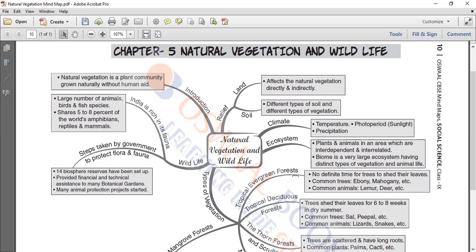And we also share 5 to 8% of the world's amphibians, reptiles, and mammals. So we have a large number of animals, birds, and fish species. We spoke about all the animals found in our country and where they are found.